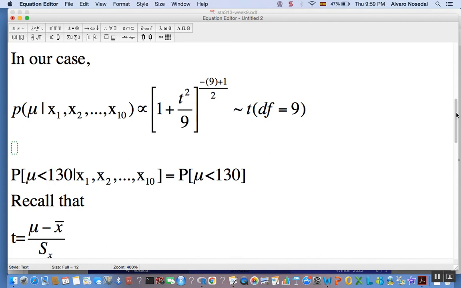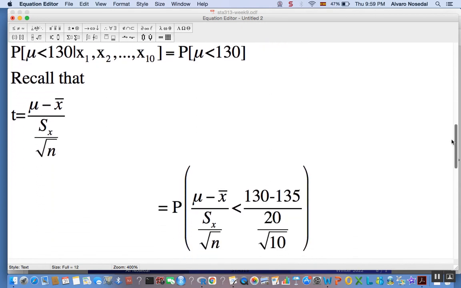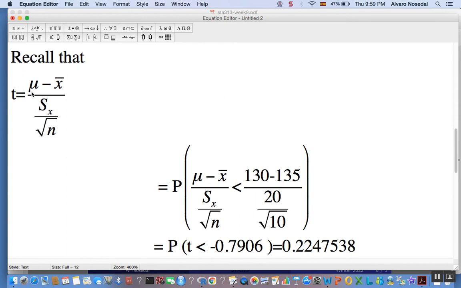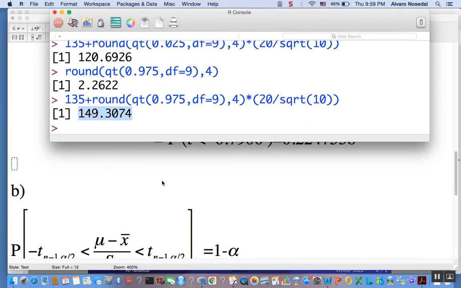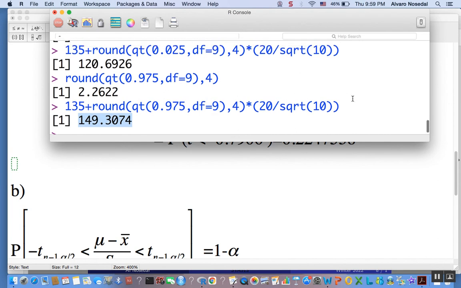The transformation that takes you from mu to t is similar to the z-score that you use to turn any normal into a standard normal. So we're going from a non-standard t to a standard t, and then we get to use a table, or functions like the ones we used here, qt and pt.